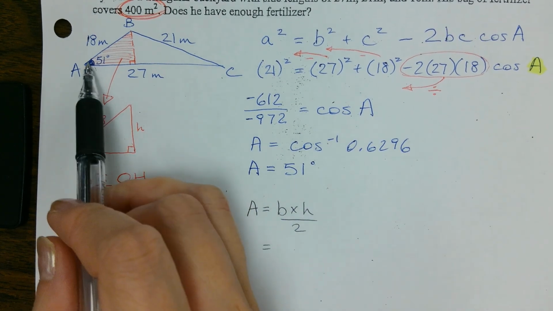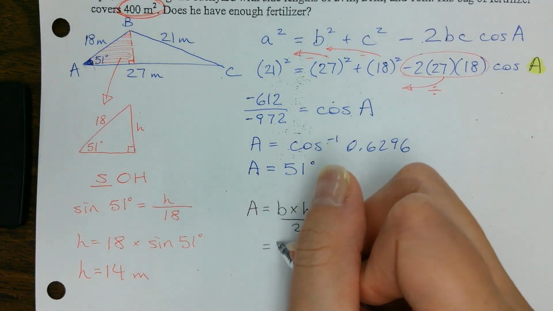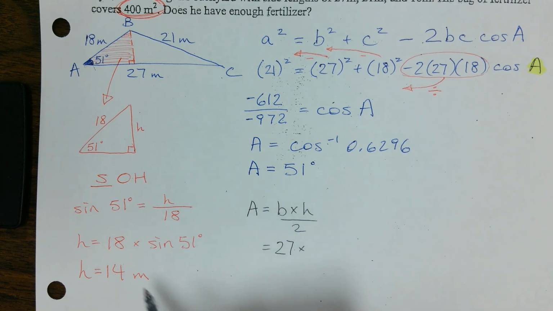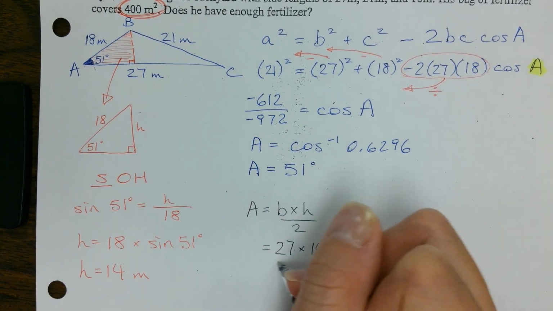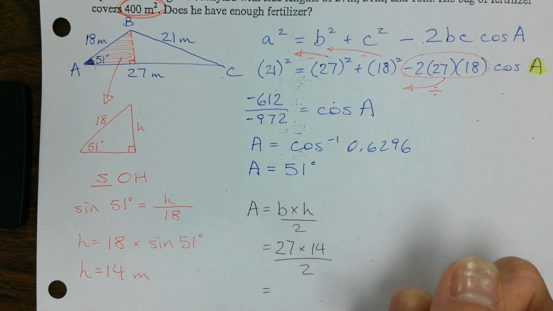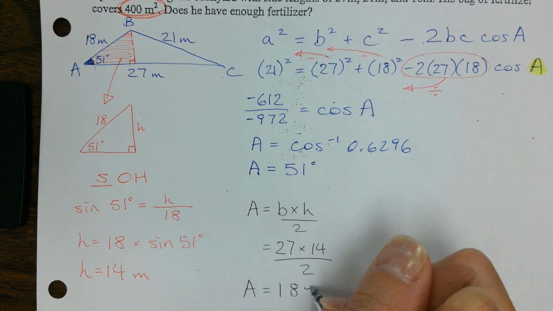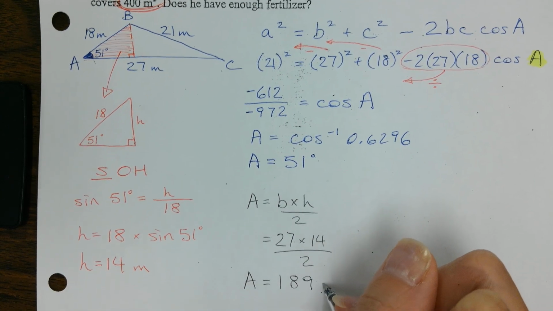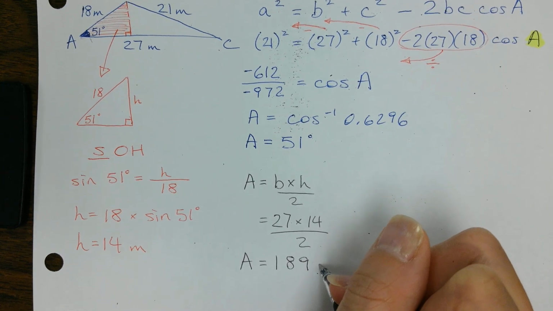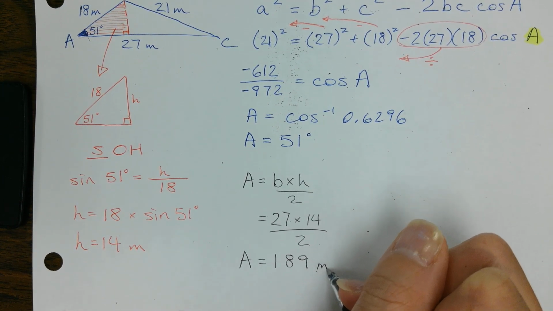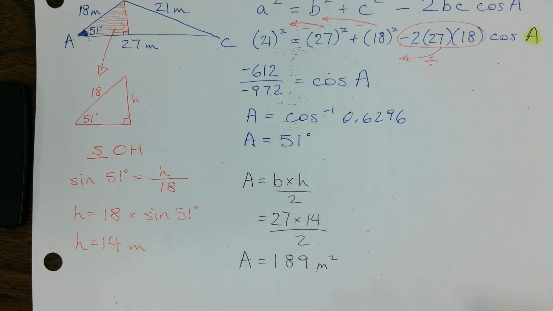So my base of the triangle is 27 meters, and height 14. When you divide it all by 2, you get the area to be 189. What's my unit here? Meters square. Good job. Because it's area.